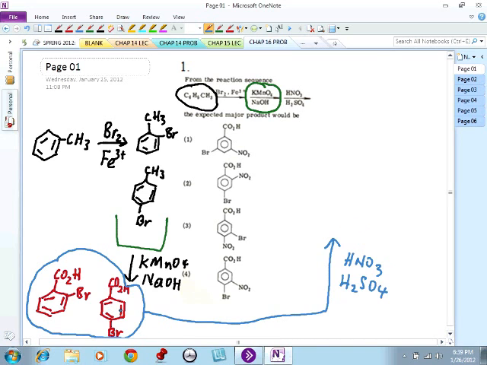Let's start with this one here. Which substituent would direct the incoming group? Bromine, and bromine is an ortho-para director. So we have bromine here, and therefore we expect the nitro group right here.